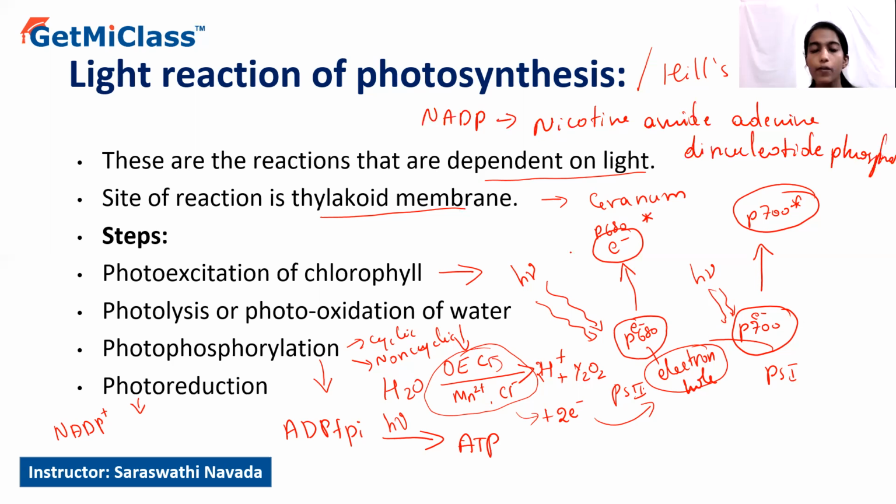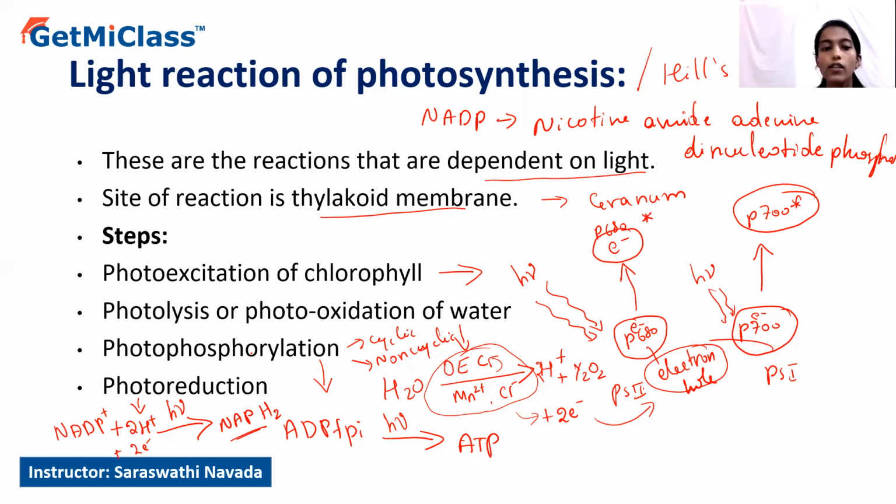So this NADP will be used as a high energy compound or a reducing agent, which in the presence of two hydrogen ions and two electrons will be reduced into NADPH2. Okay, so this process also occurs in the presence of light energy. Hence it is called photoreduction, where a high energy compound will be reduced in the presence of sunlight, and that high energy compound will be NADP, which will be reduced into NADPH2.